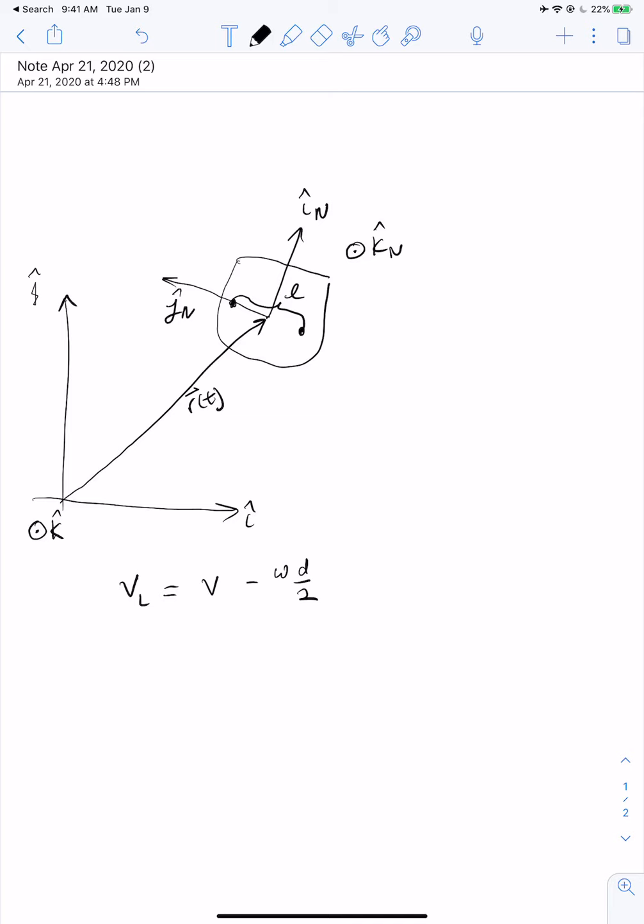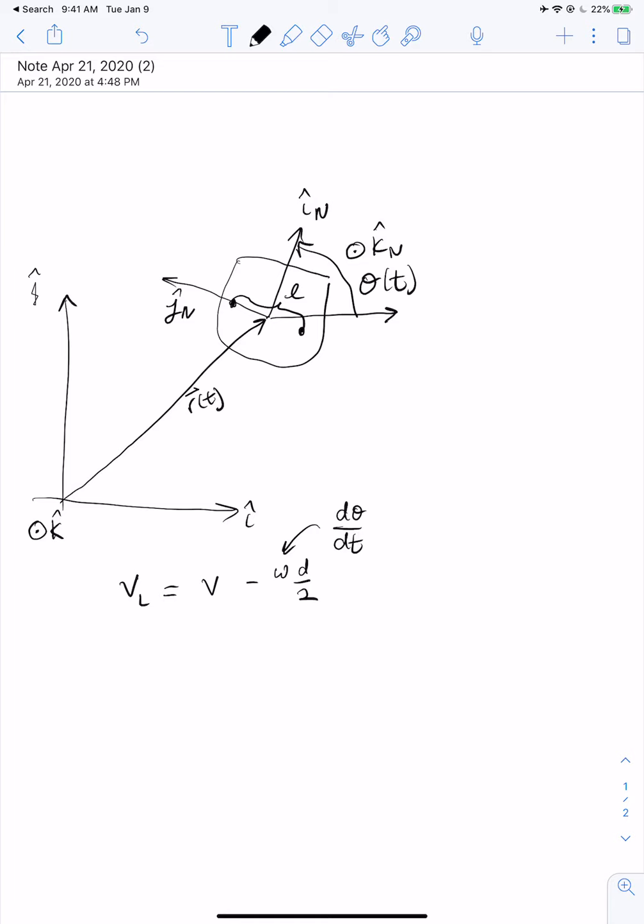Even though we've often thought about omega as a vector, here it was just a scalar, representing d theta dt, where theta was defined as the angle between the I hat axis of the room and the I hat Nito axis of the robot. Positive theta was in the counterclockwise direction.